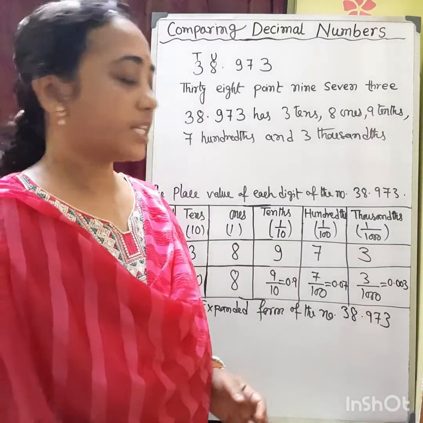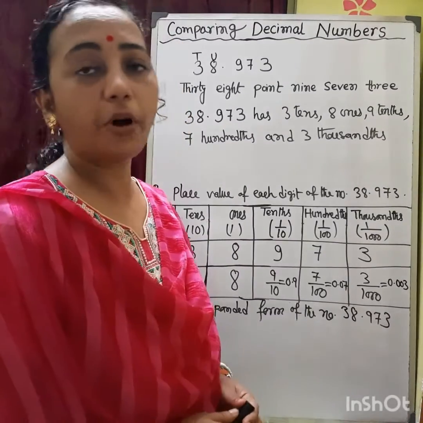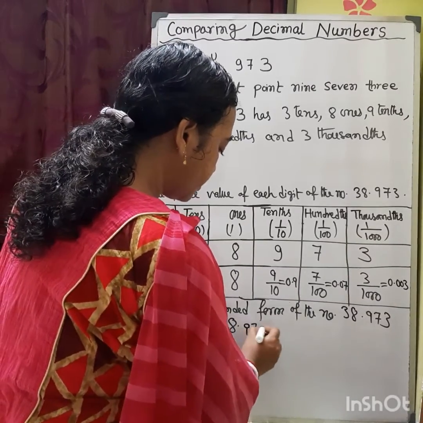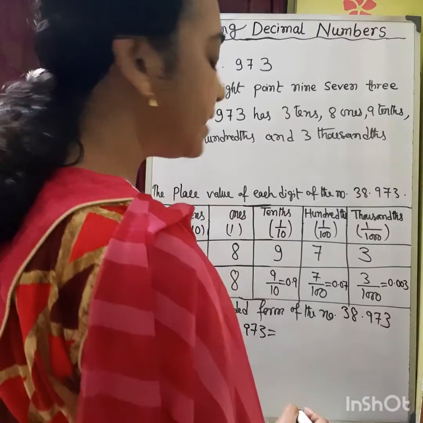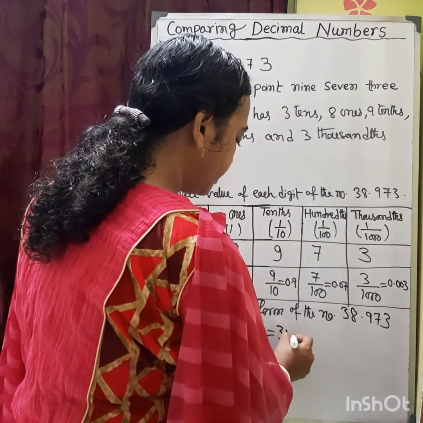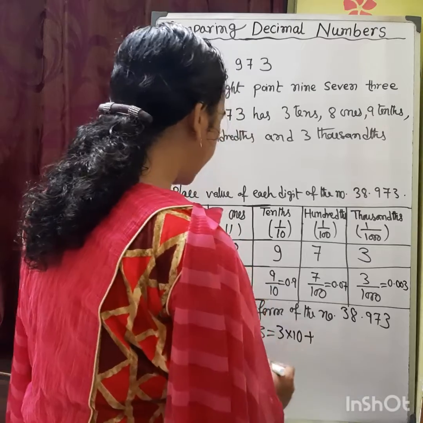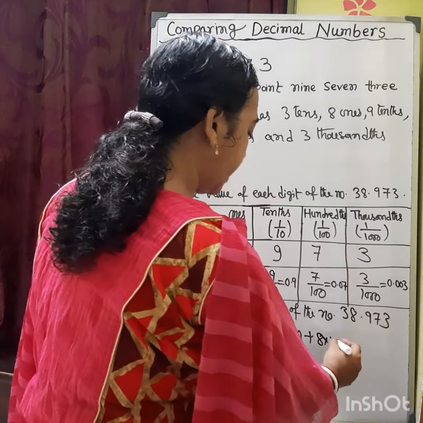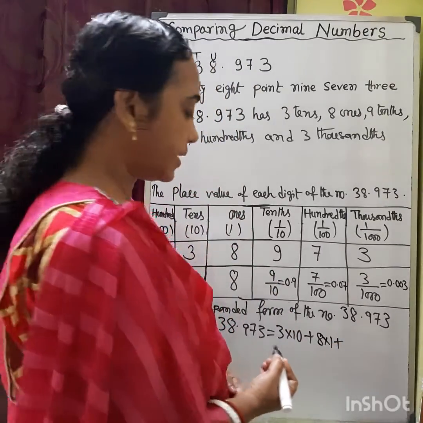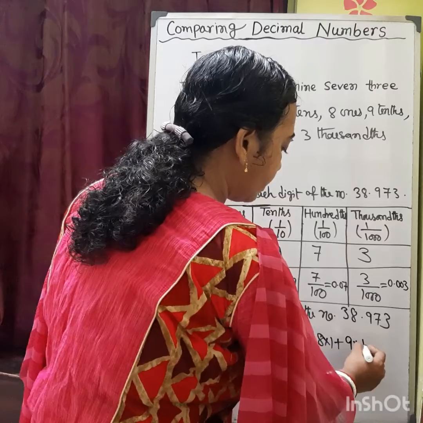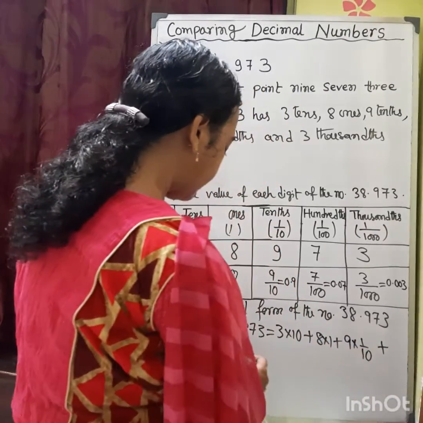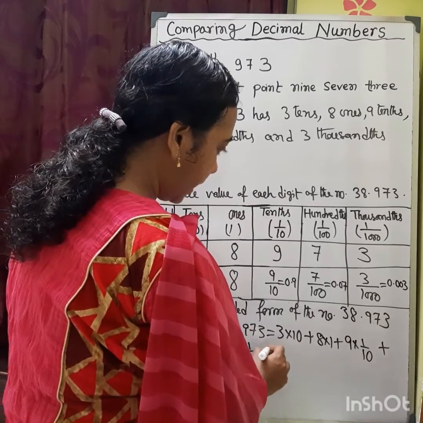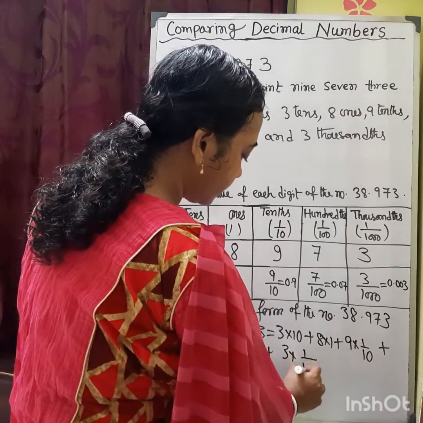Now let us write the expanded form of the decimal number 38.973. 38.973 is equal to, 3 is in the tens place, so we write 3 multiplied by 10, plus 8 is in the ones place, so 8 multiplied by 1, plus 9 is in the tenths place, so 9 multiplied by 1 by 10, plus 7 in the hundredths place, so 7 multiplied by 1 by 100, plus 3 multiplied by 1 by 1000.